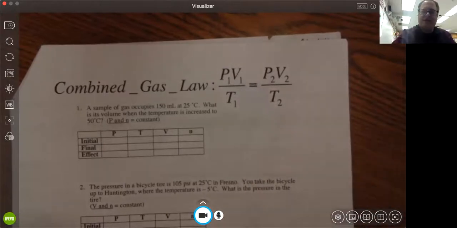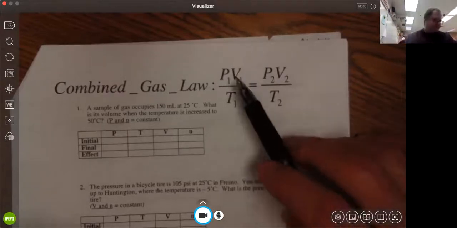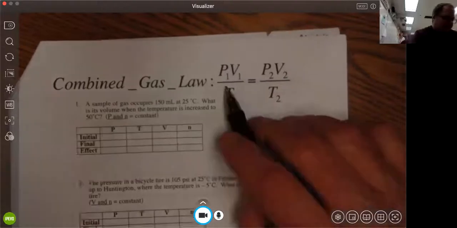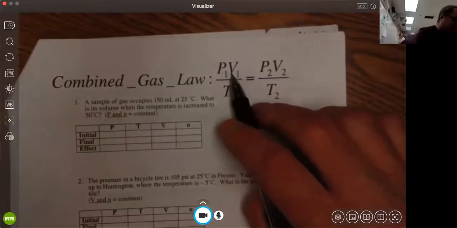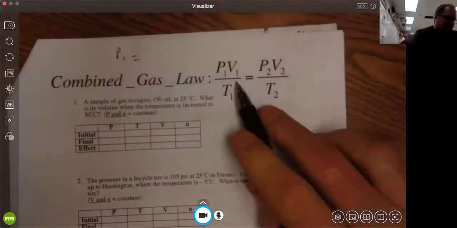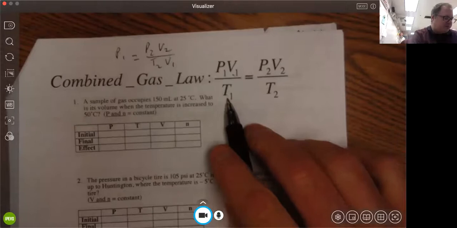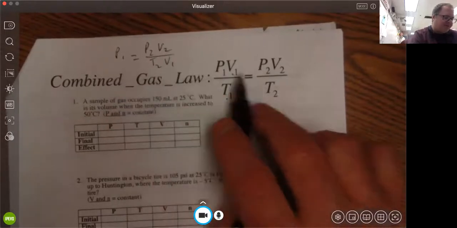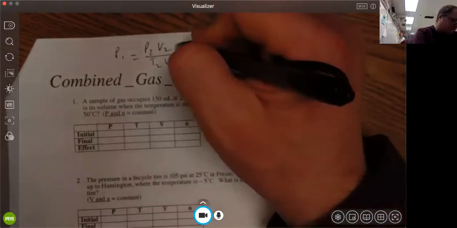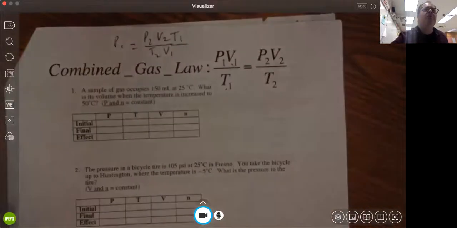So if we take a look here, I'm going to rearrange this formula to solve for P1. So what I need to do is multiply both sides by V1. So that's going to put V1 on the bottom of the other side. And then I want to get rid of T1 as well. So I'm going to multiply both sides by T1. And basically that would be our new equation.